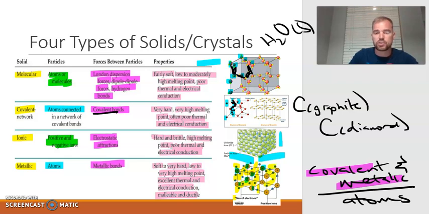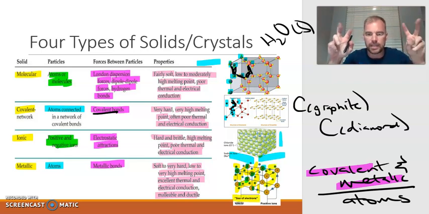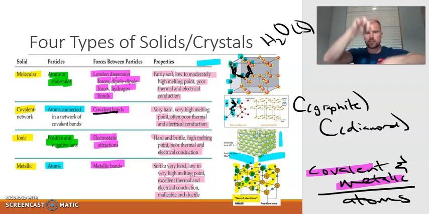So they give them up. It's what we call a sea of electrons, or delocalized electrons. Essentially, all those electrons just zoom around, and that's actually what keeps everything together. Those fast-moving electrons act as kind of like a glue that keeps everything together. So those are the 4 crystals and their properties.